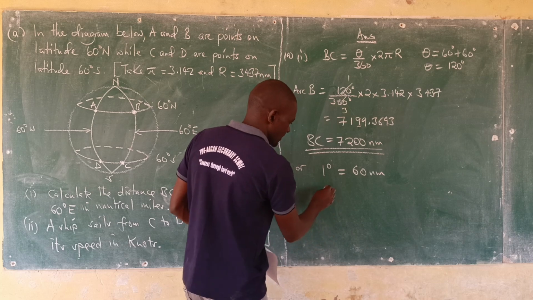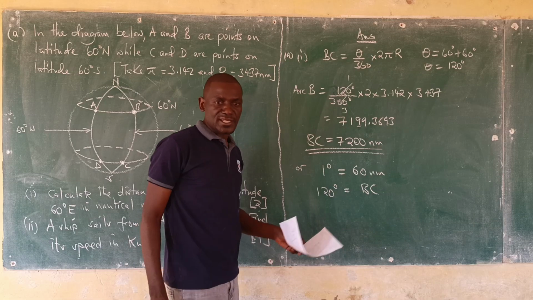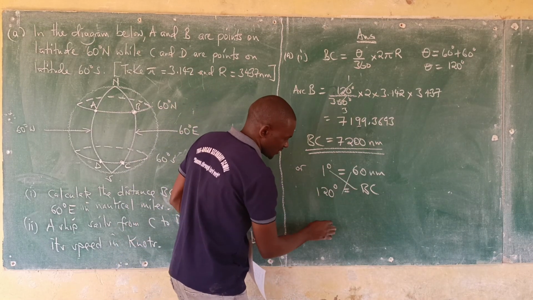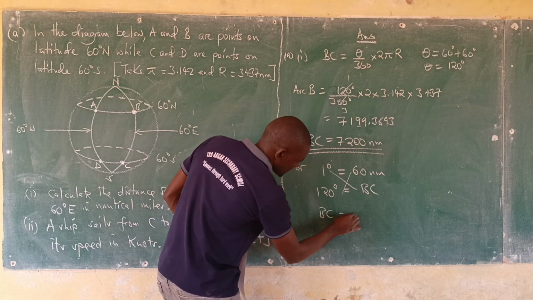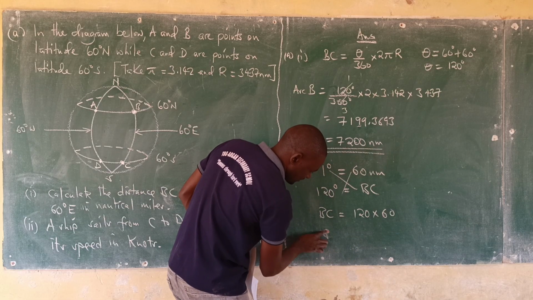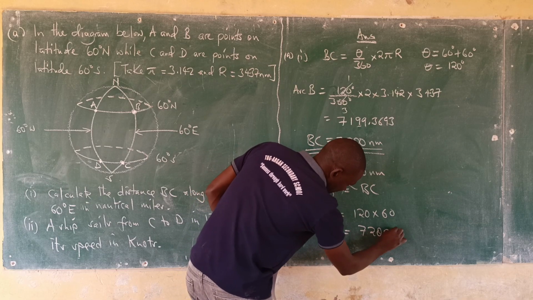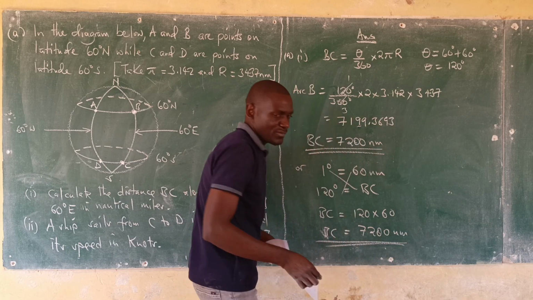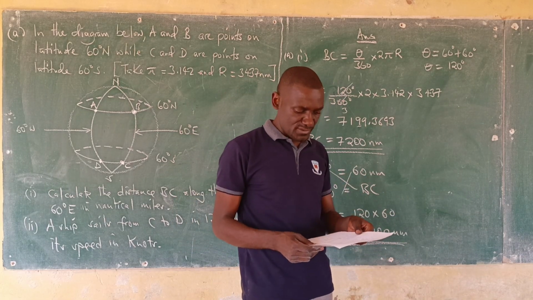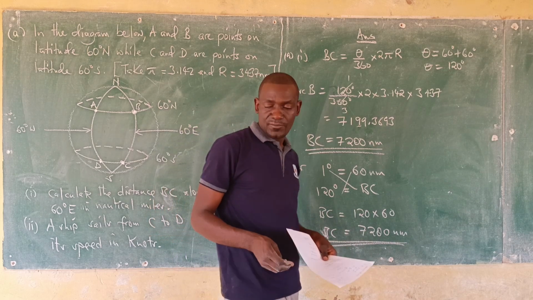So we are simply going to say, therefore 120 degrees is equal to BC, because that's what we want to calculate. So you just cross multiply there. BC is simply 120 times 60, and you realize that BC is just equal to 7,200 nautical miles. So this one is simple, but you have to know those 2 conditions for you to use this method. So we can keep these answers, and then we look at the next part.